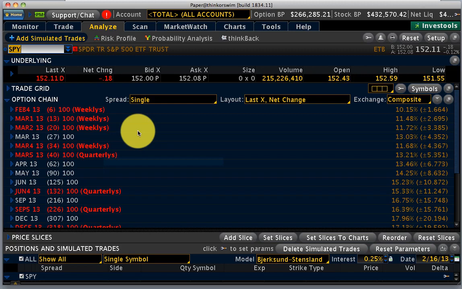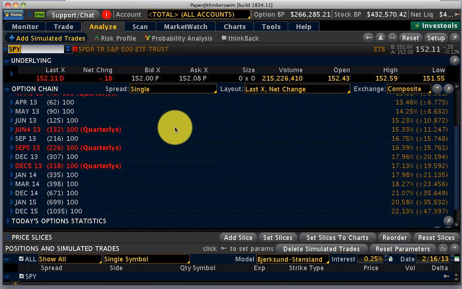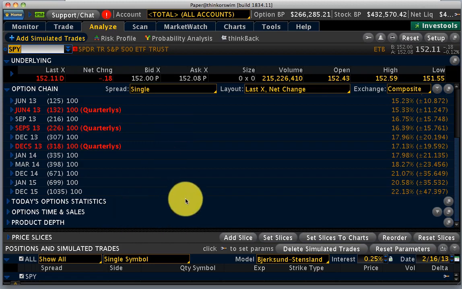So you have weeklies, you have quarterlies, you have monthlies, and you also have leap options. So here you can see leaps are long-term options, and they're not called anything on the platform, but anything over a year is generally referred to as a leap option. So here you have March 2014, Jan 2015, and you even have something for December 2015.